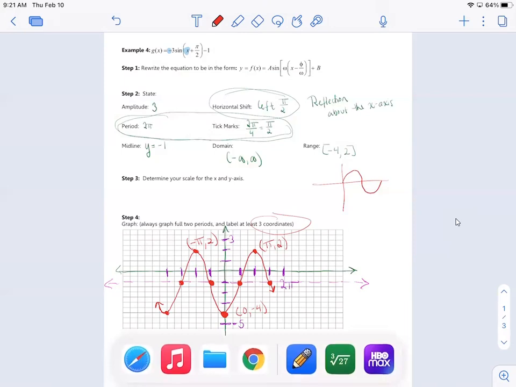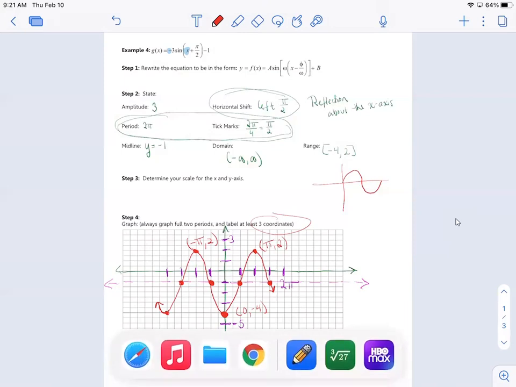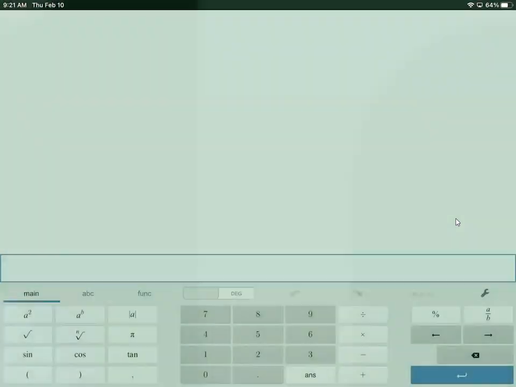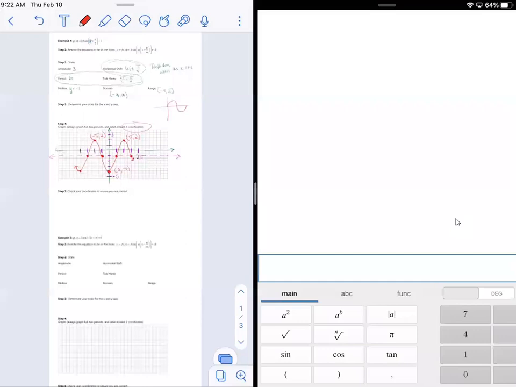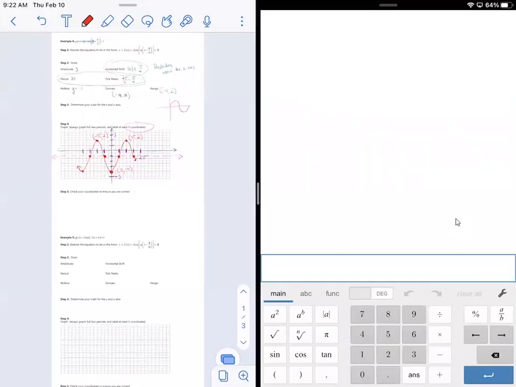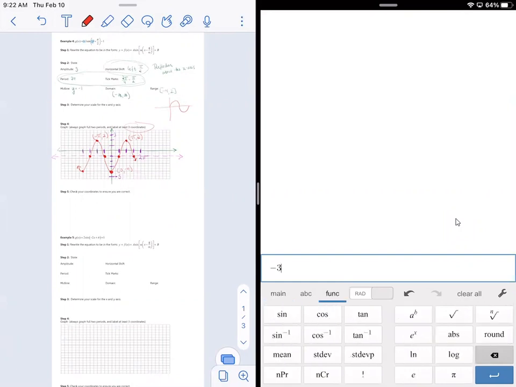Now here's a great way we can check to see if we are accurate. I'm going to go to Desmos like we did last class. And I'm going to go ahead and pull up what we were working on. So, all right, so my equation is -3 sine of x plus pi over 2. Make sure you're in radians always, because whenever you're graphing, you want to be in radians.